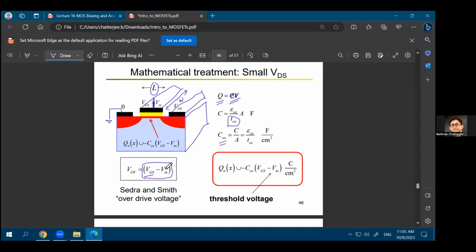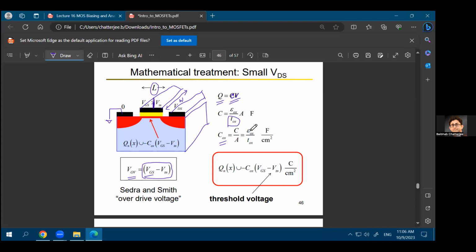But if the gate to source voltage is not more than the threshold voltage, you don't see anything at all. So the effective voltage that you are interested in at the channel is by how much your VGS is larger than your threshold voltage. So VGS minus VT is called the overdrive voltage: by how much you are overdriving the channel as compared to the threshold voltage that was required. That's the definition of V overdrive.